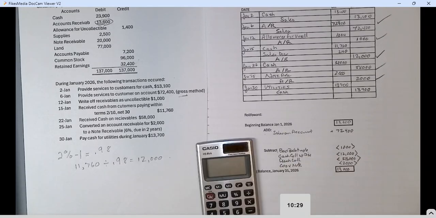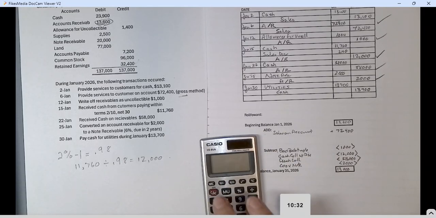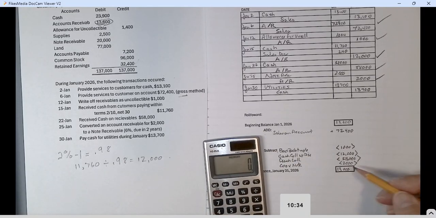Okay, so once again, let's take a look at the calculator. So this total here is 58, 70, 73. So I can tell right off the bat that this is 73,000. Okay, subtraction.